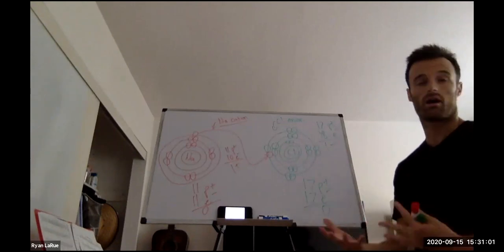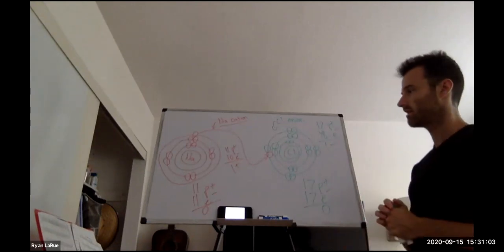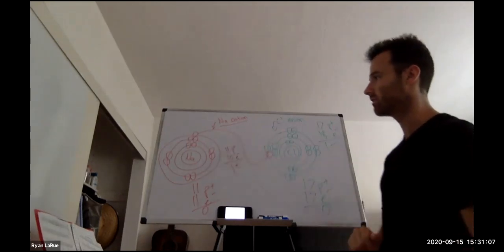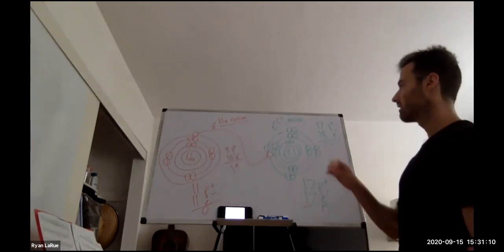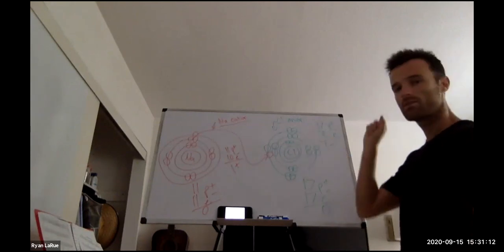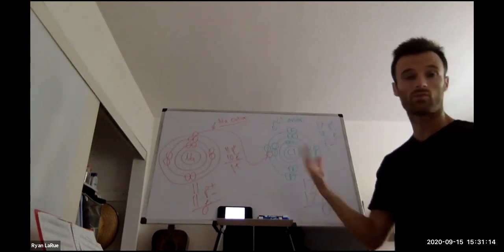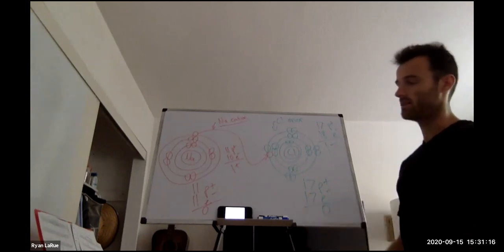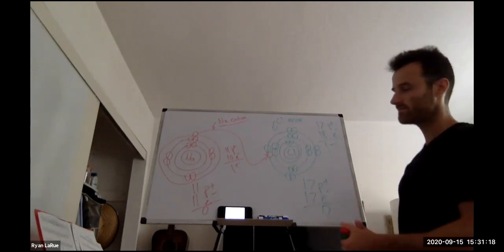It's an ionic compound. But now, as you can see, sodium has all full shells. Chlorine, its first shell, second shell, and its third shell are now full. And this is what happens in nature in the formation of an ionic bond.